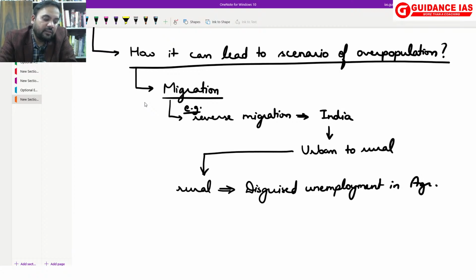It is already affected by very high poverty.